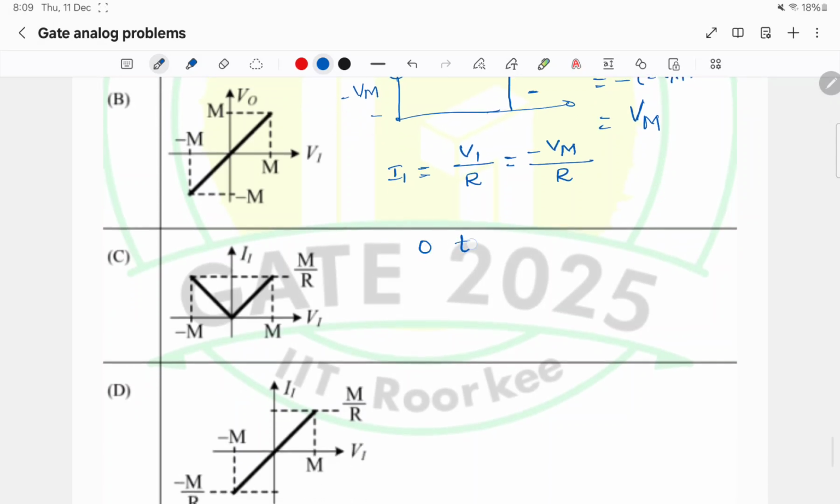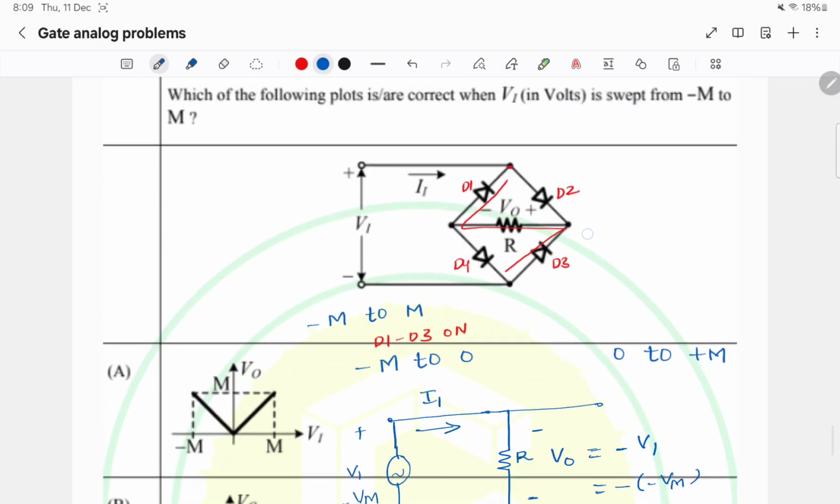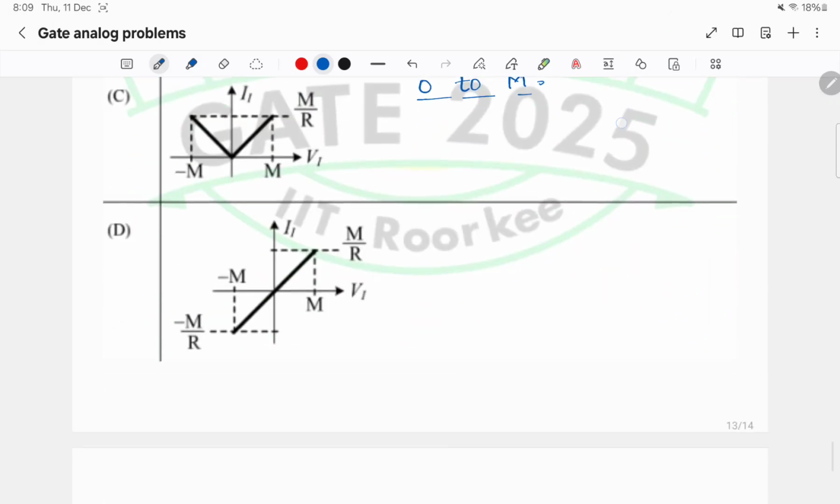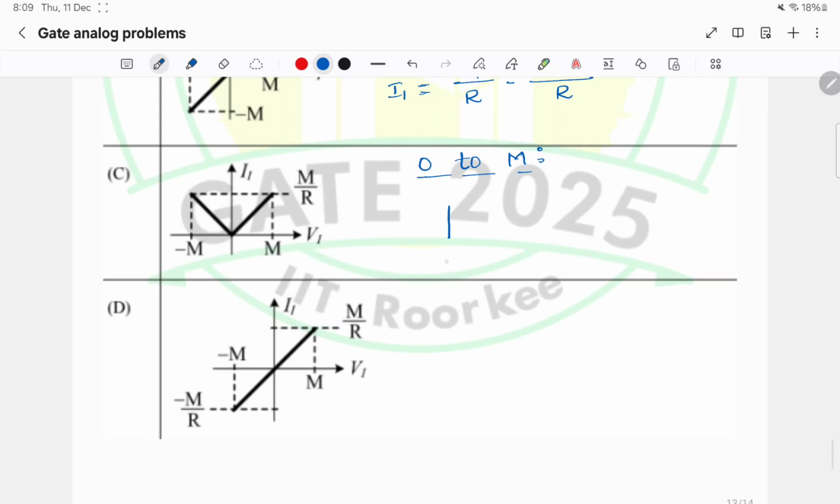In the second case, 0 to m, the other two diodes will be on. These two diodes will conduct. The current direction will be this, so the circuit will be like this. Plus minus V1 equals Vm.